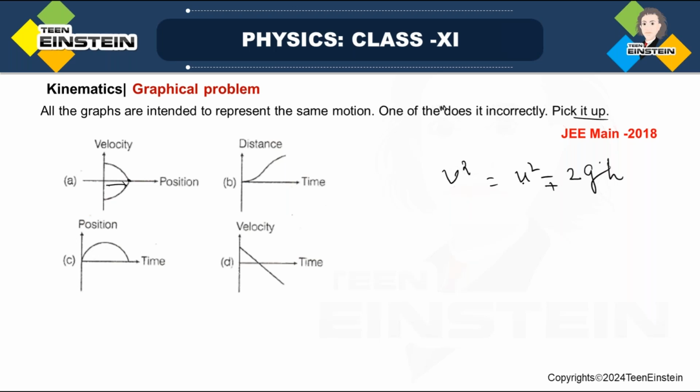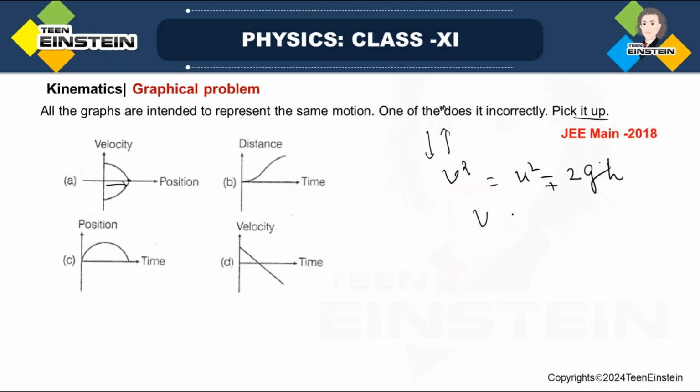There is some intercept, and the slope will be negative or positive, depending on whether it is falling from above or thrown upward. Obviously this curve will actually be a parabolic curve.